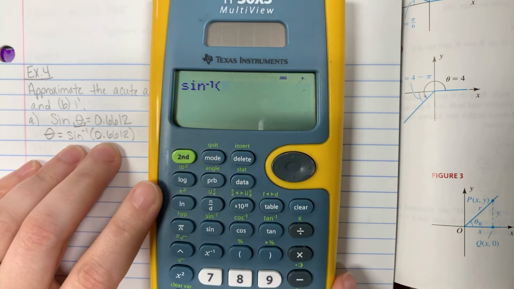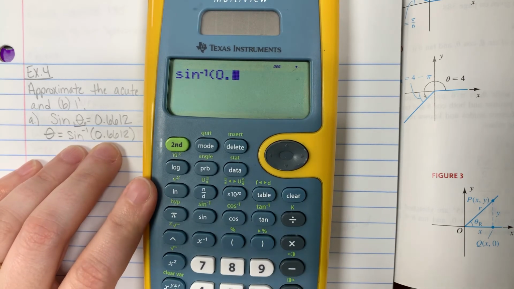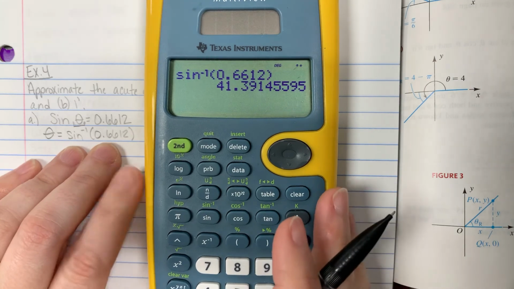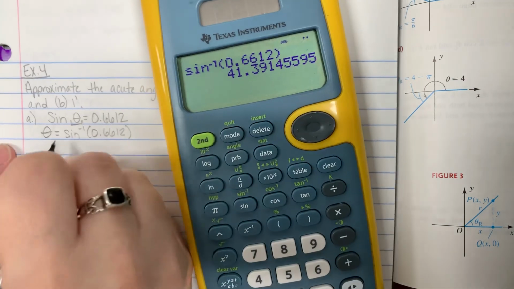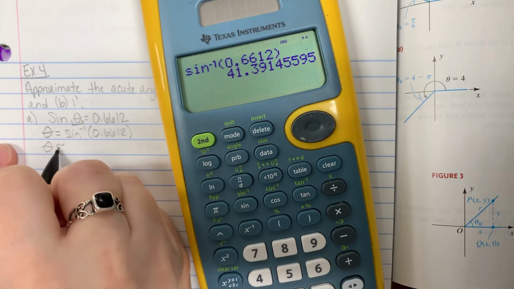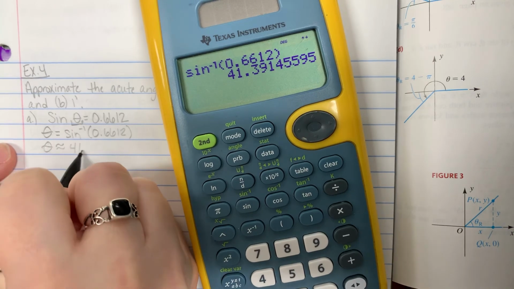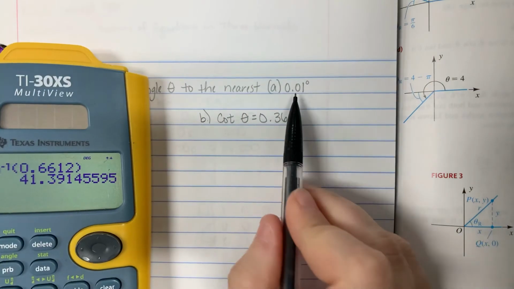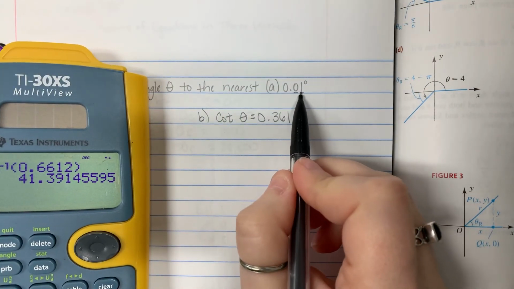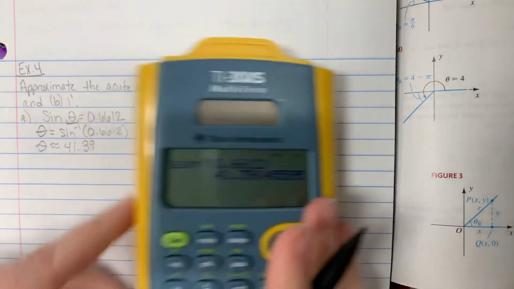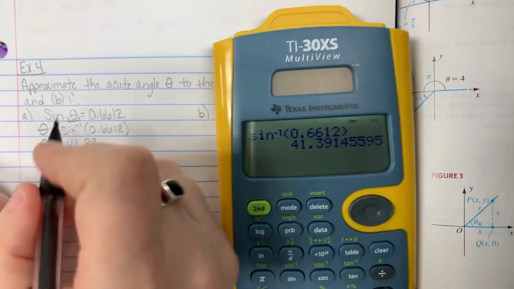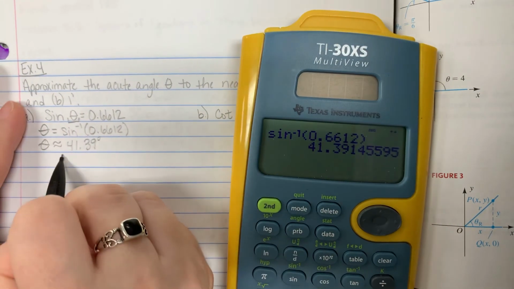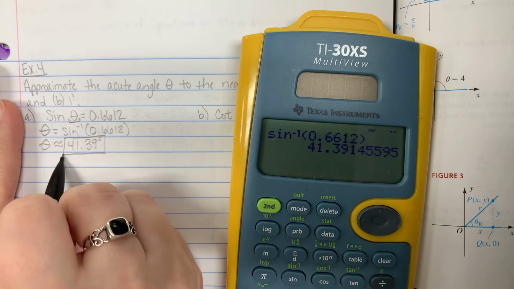That gives me the inverse sine of 0.6612. Get an answer. So that's giving me the answer in degrees. So this is about 41.39, and that's where they wanted me to simplify it to. So 2 decimal places is what they wanted me to simplify it to. So about 41.39 degrees.